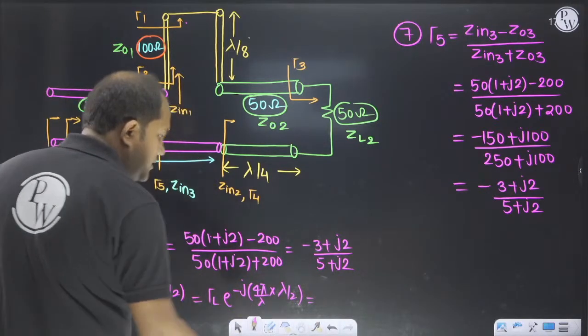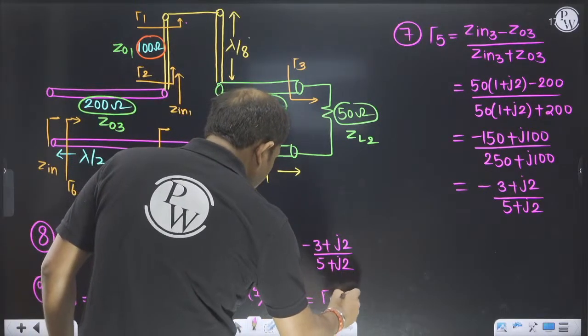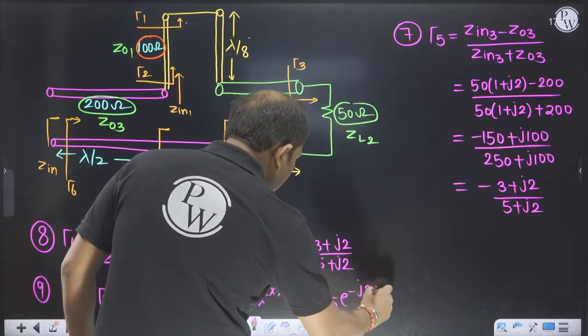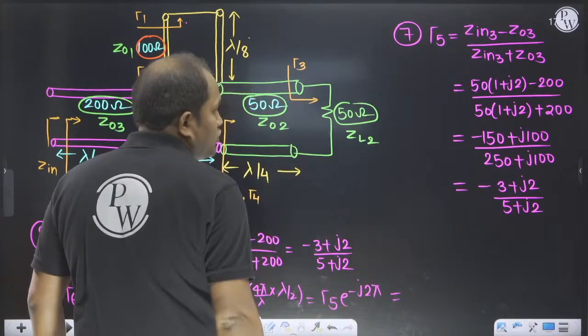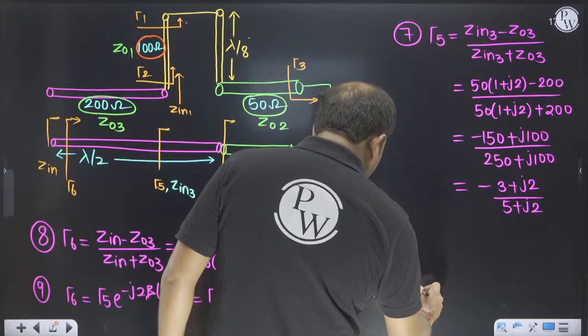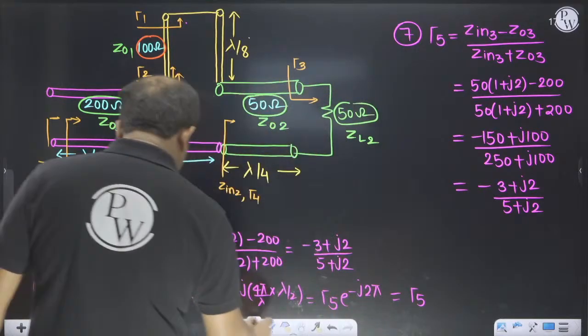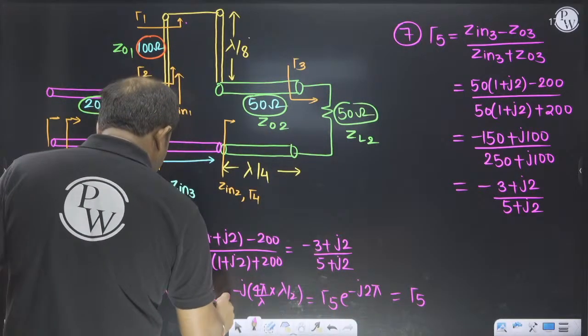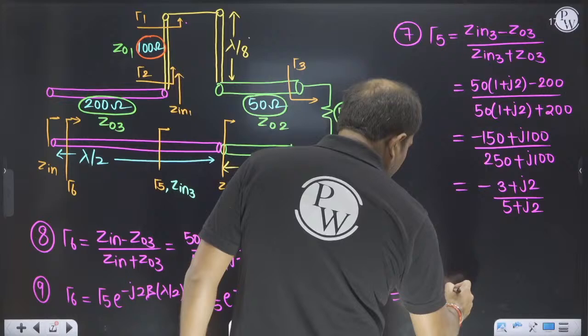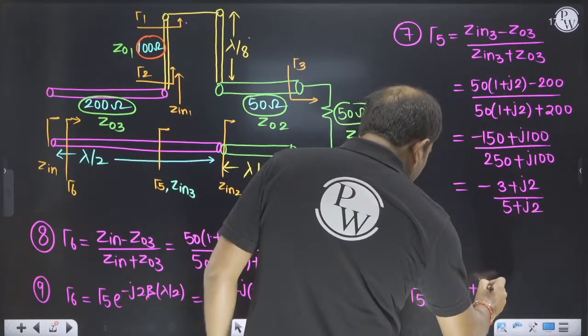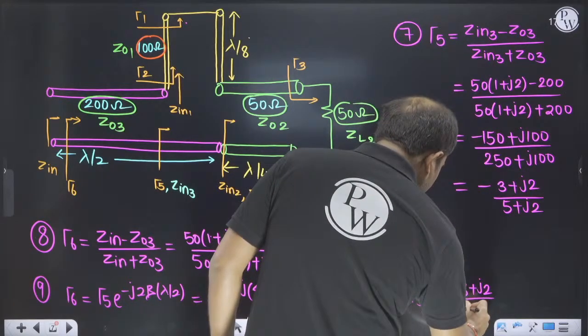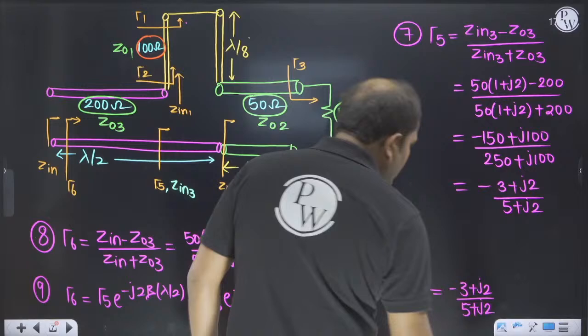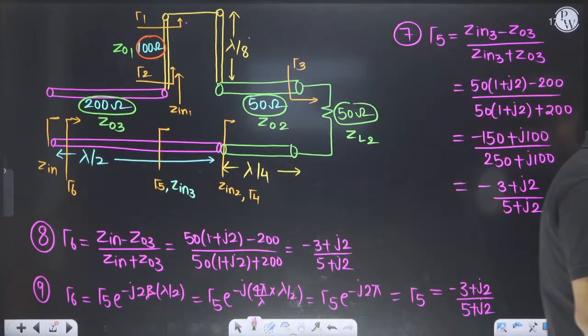So it will be gamma 5 e to the power minus j 2 pi. Cos 2 pi is 1, sin 2 pi is 0. So it is gamma 5, which is minus 3 plus j2 divided by 5 plus j2. So this is the formula for the reflection coefficient, and we have calculated the reflection coefficient also.